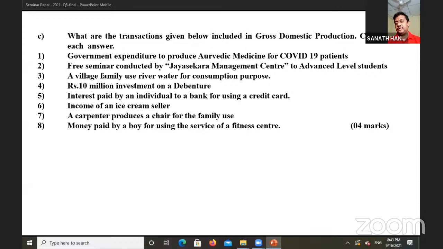It is a payment for utilizing a service, a paid service. All paid services are included in GDP.